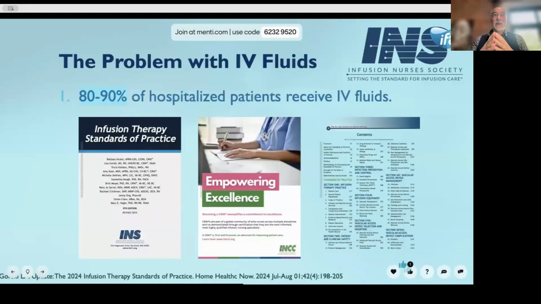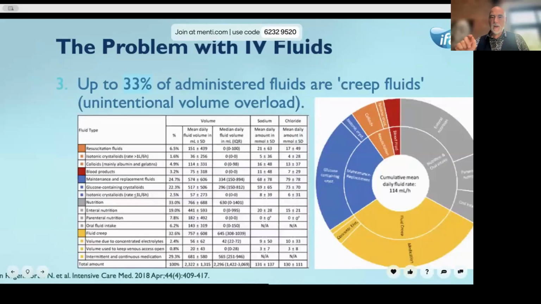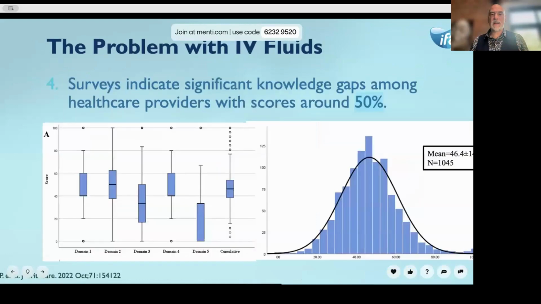We must understand that about 80 to 90% of all hospitalized patients get IV fluids, and that 20% of patients, 1 in 5, suffers from deleterious effects due to inappropriate fluid use, too little, too much.